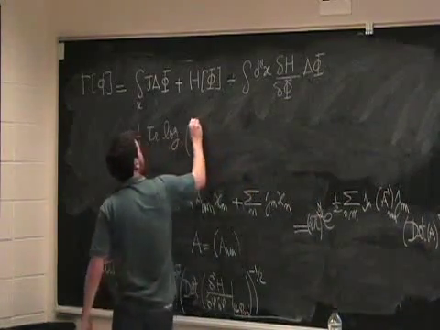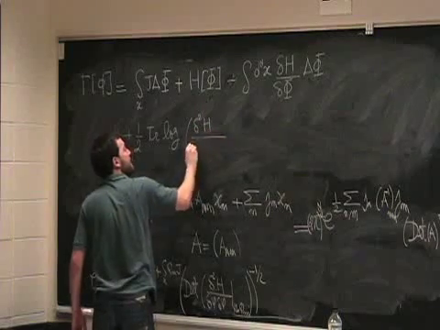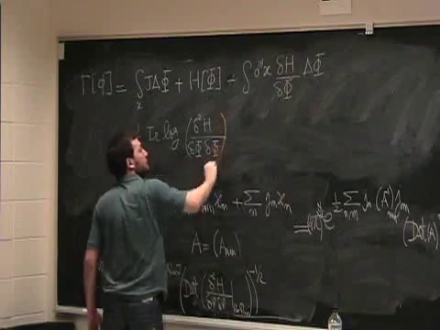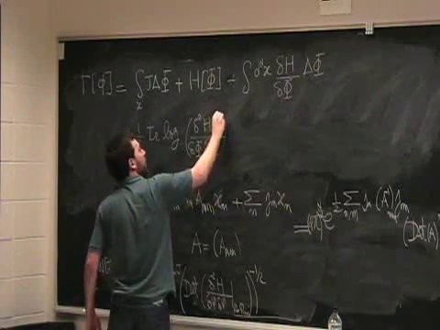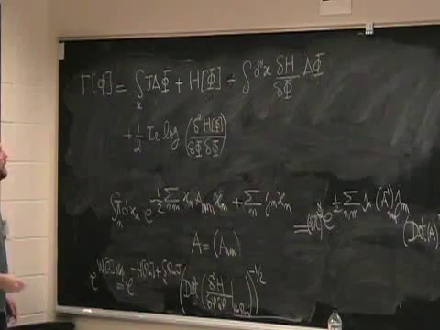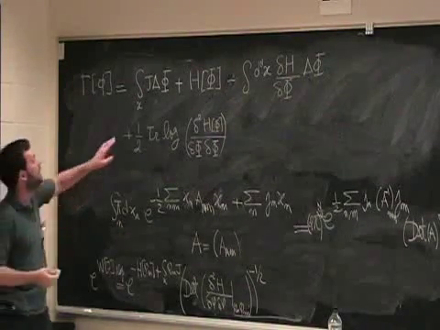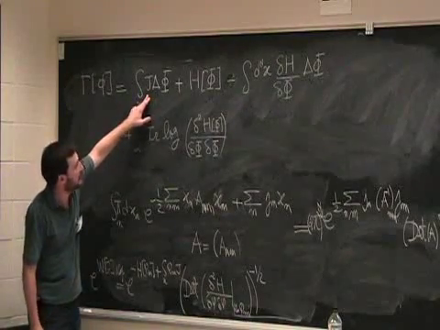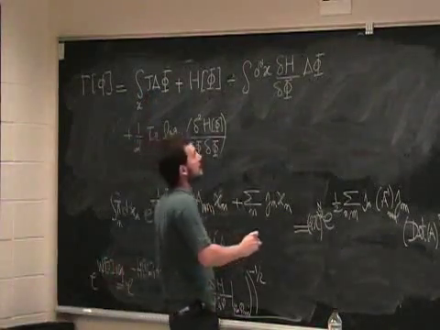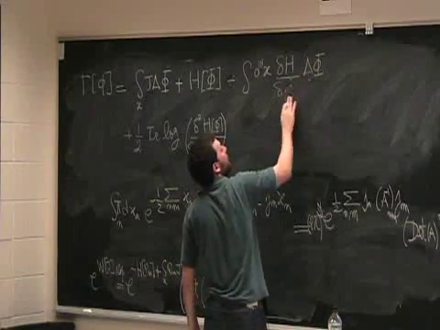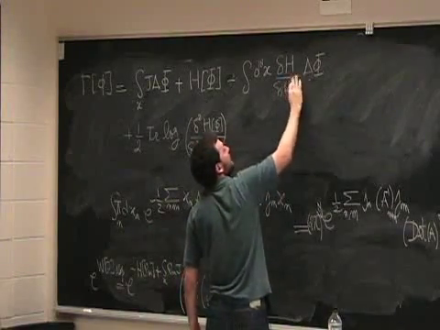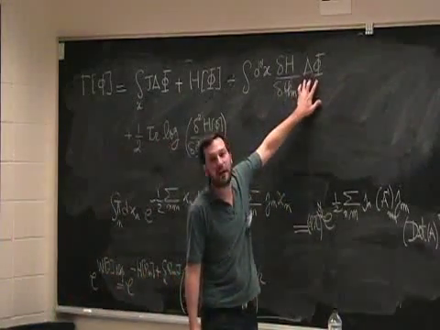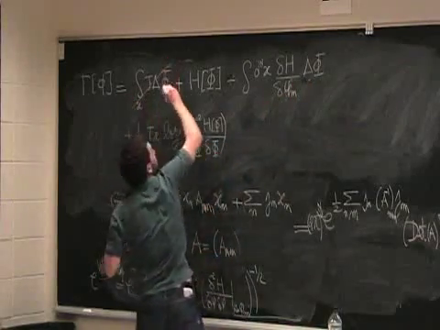So here I can put this evaluated at phi. And the good news is that J here is already of order, so I can put that. This is already a correction here, that's fine. So I put that, and these two things cancel.